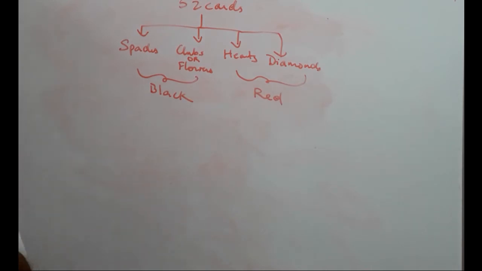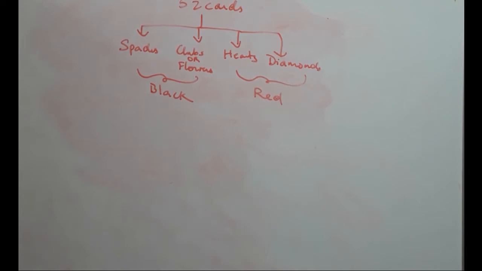Okay, so remember, in a pack of 52 cards there are 4 different types of cards. Which are they? They are spades, which are black in color. Then you have clubs or flowers, which are also black in color.